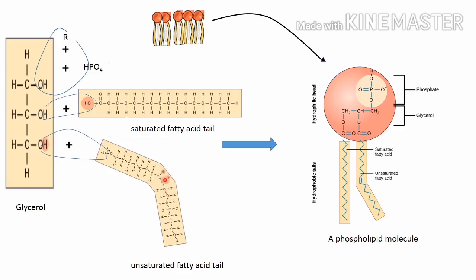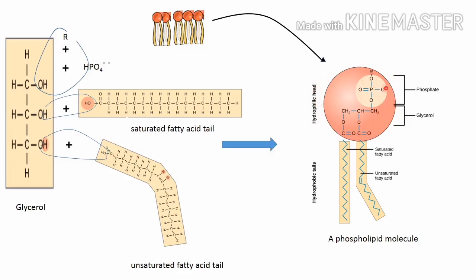Due to the presence of this double bond, it creates a kink or a curvature in the structure of the phospholipid molecule, and the polar head, that is the phosphate and R group, with two fatty acid tails ultimately gives this structure.